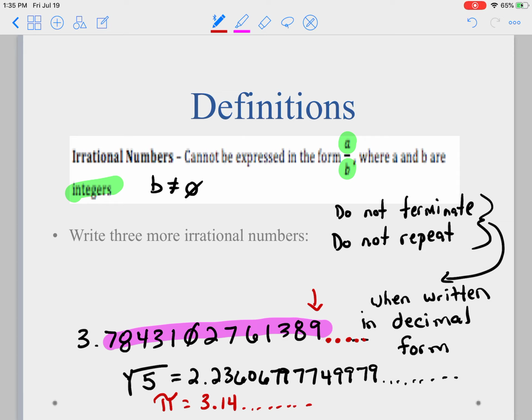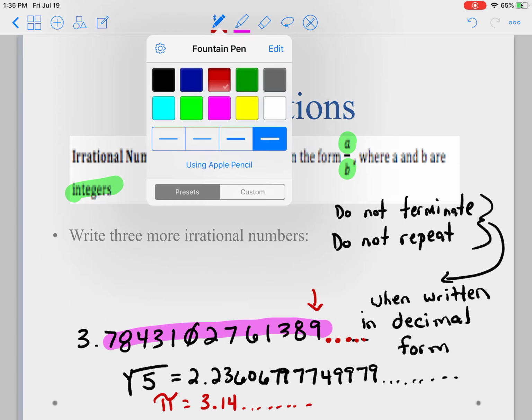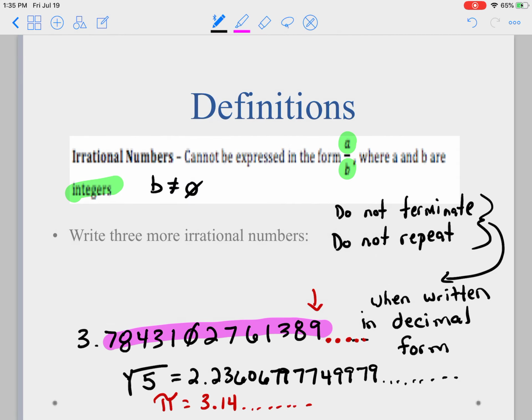Take a moment and see if you can determine 3 more irrational numbers. So 3 more irrational numbers, a great place to start with irrational numbers would be with square roots. And so those that aren't perfect squares. So another imperfect square would be the square root of 7.